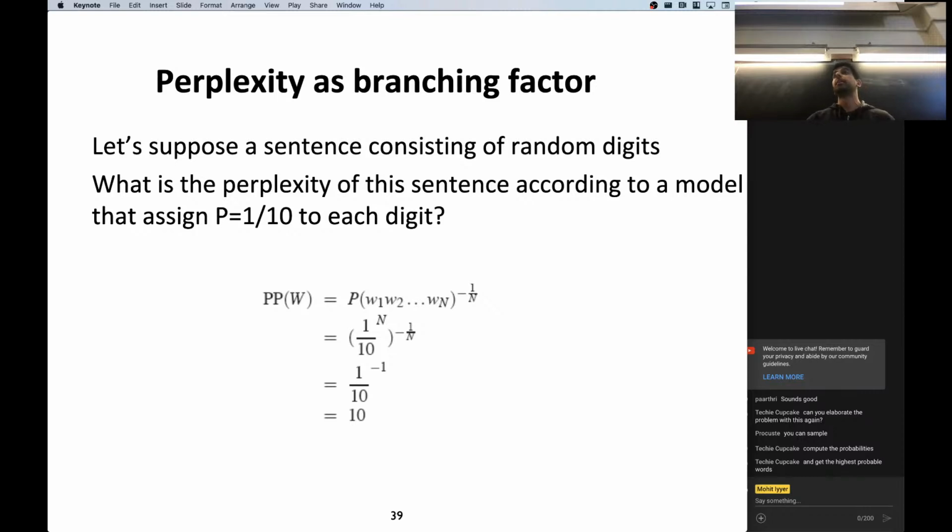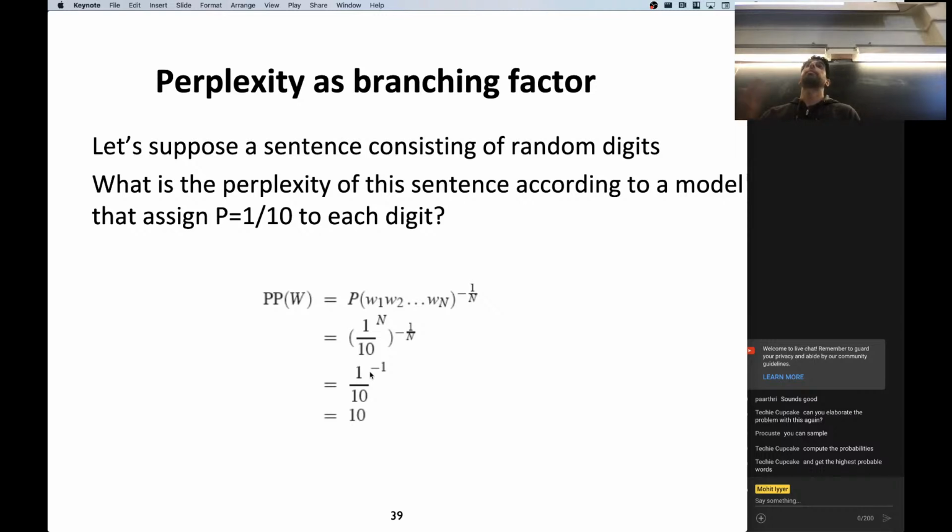Let's just assume there's no dependencies on previous words. So the probability of generating the overall sequence of length n is 1/10 raised to the n power, just the product of these individual token-level probabilities. Then if I compute the perplexity, I raise this to the -1/n power, where n again is the length of the sequence. And so eventually what I get is just 10.